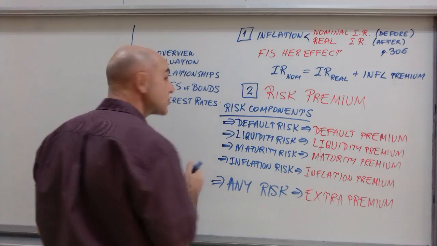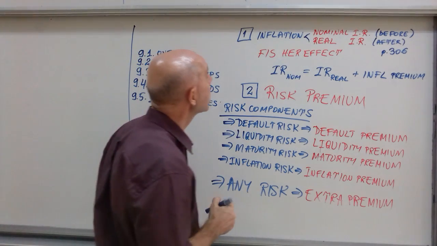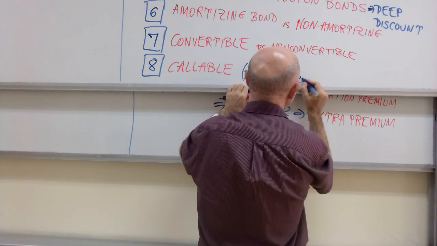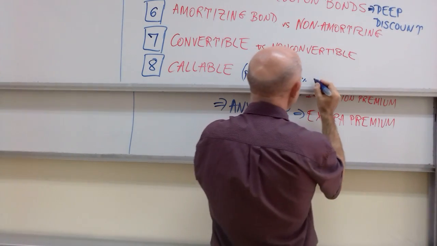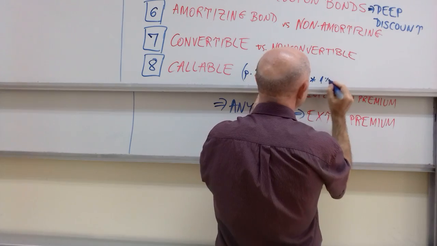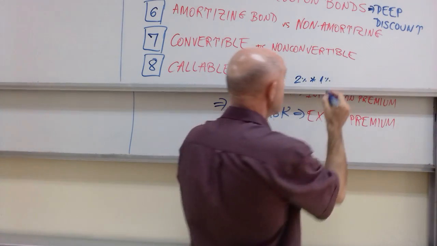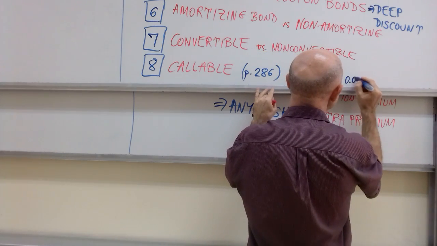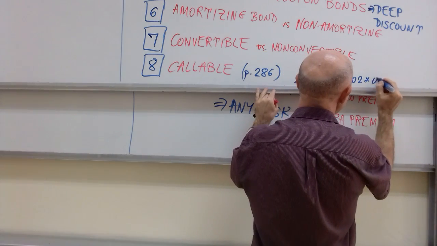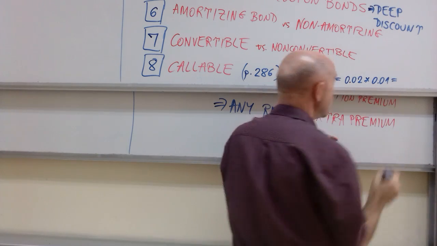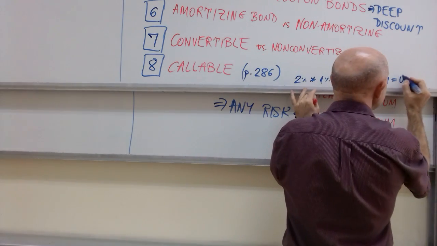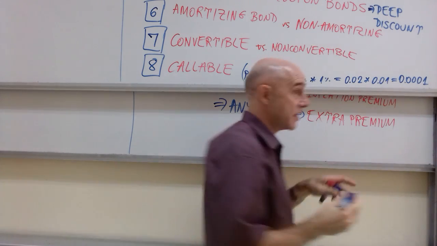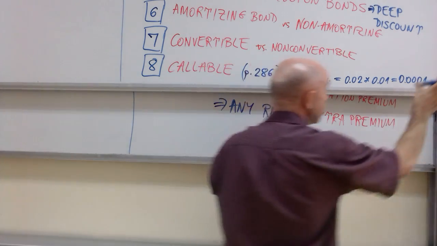If interest rates are 2% and inflation is 1%, then the cross product is 0.02 multiplied by 0.01, which is equal to 0.0002.